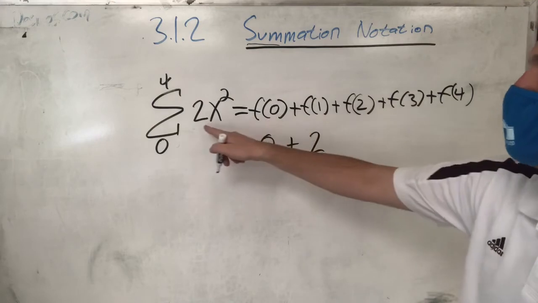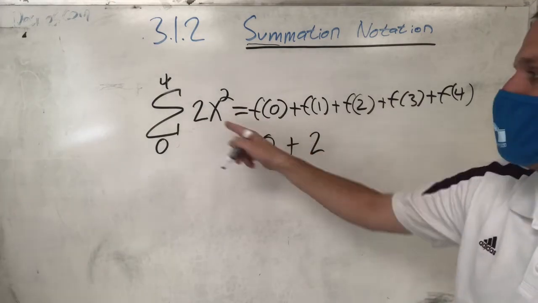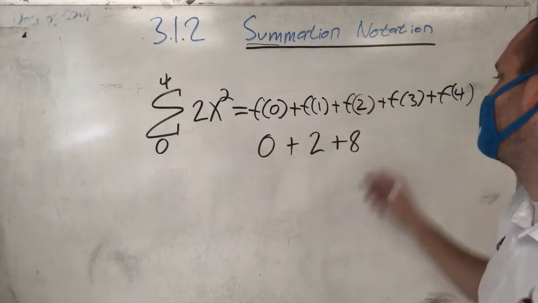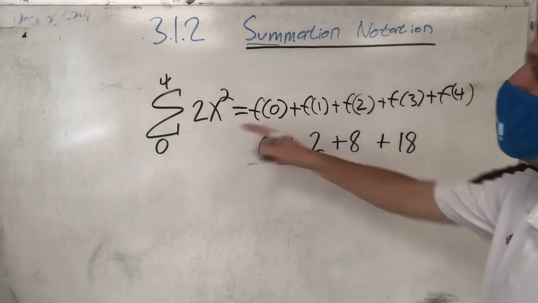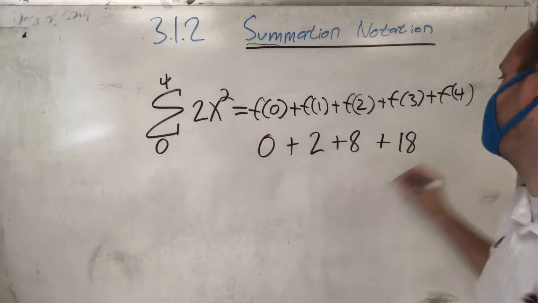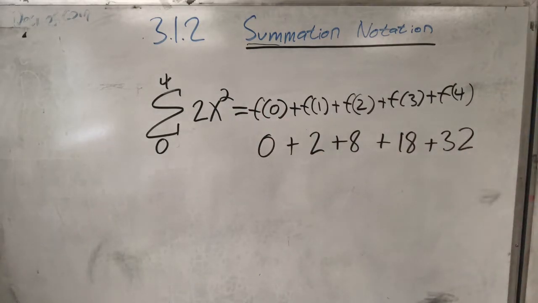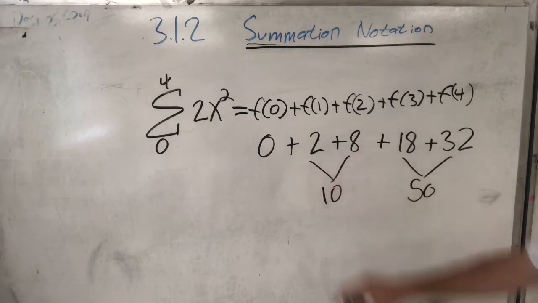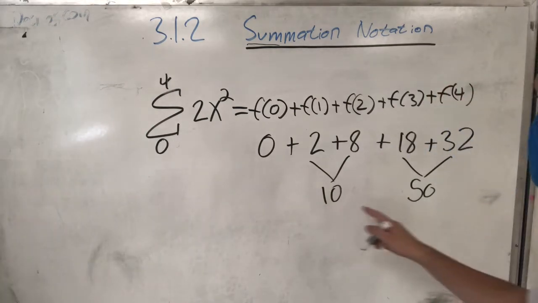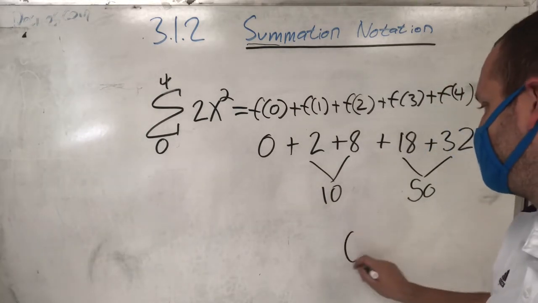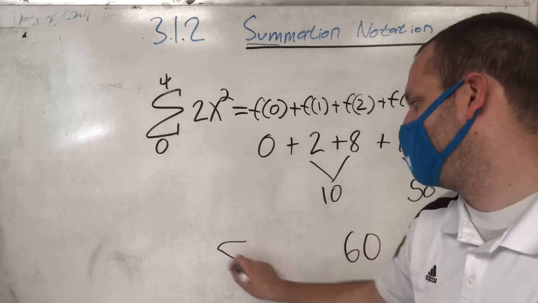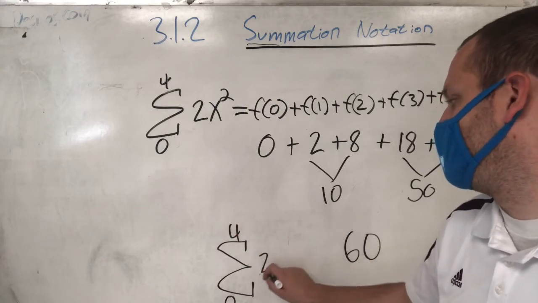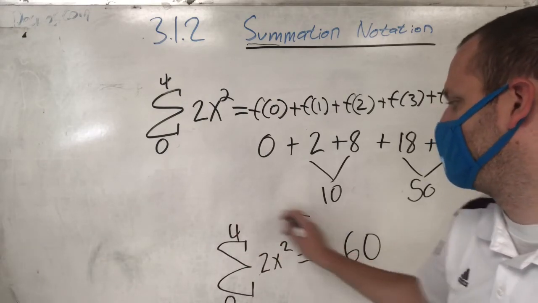When we plug in 2, 2 squared is 4, 2 times 4 is 8. Plug in 3, 3 squared is 9, 9 times 2 is 18. Plug in 4, 4 squared is 16, 16 times 2 is 32. What do these add up to? That's 50, and 10, which gives us 0 plus 10 plus 50 is 60. So the summation from 0 to 4 of 2x squared is 60.